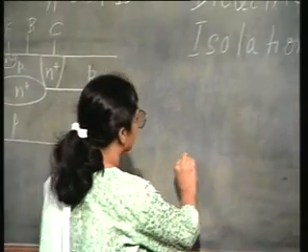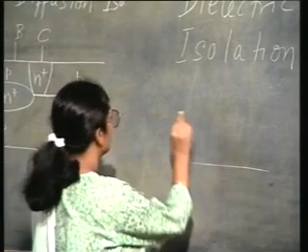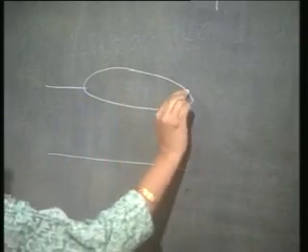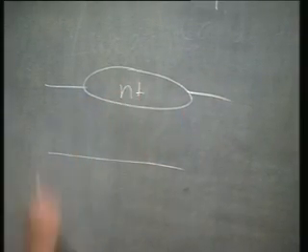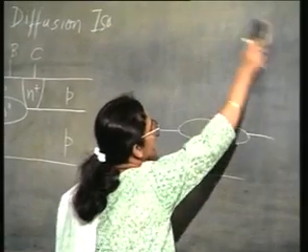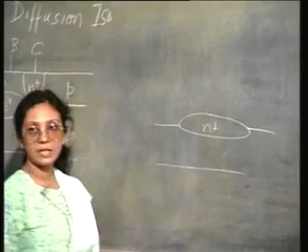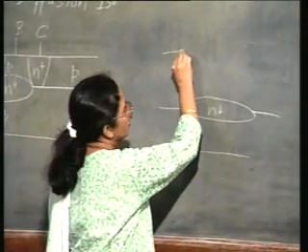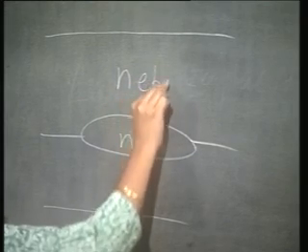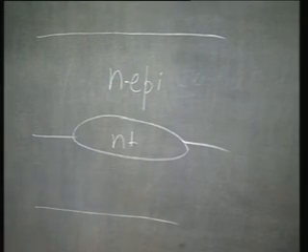Let us say I started off as before with the p type substrate and I have this n plus buried layer, right. And now next I have grown the n epitaxial layer on top of this, right.